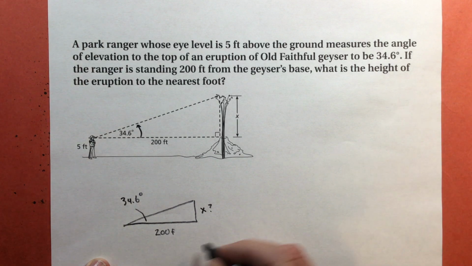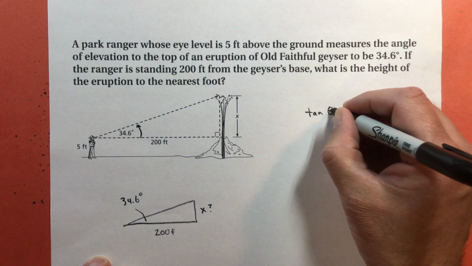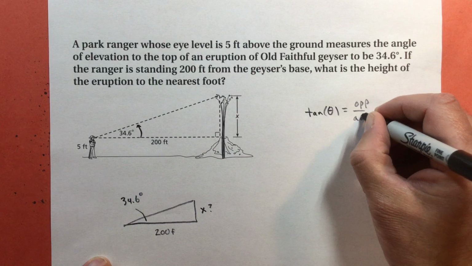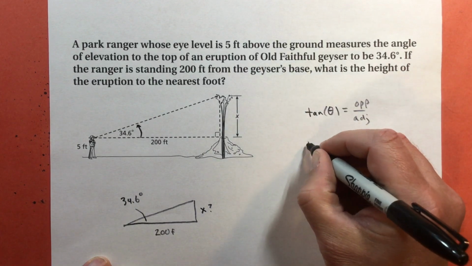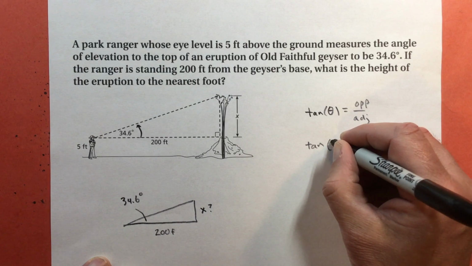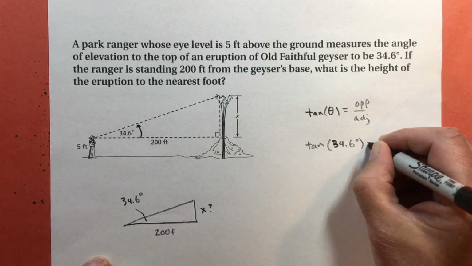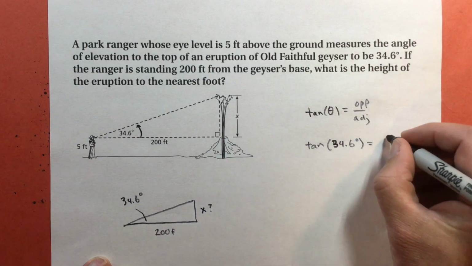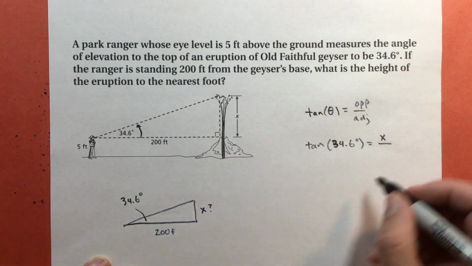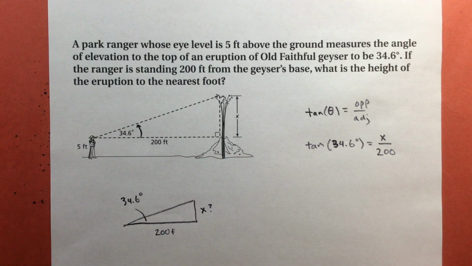So I have tangent. The tangent of any angle theta is going to be opposite over adjacent. In this situation, I've got tangent of my angle, 34.6 degrees, equals my opposite side, the side I'm trying to figure out, x, over my adjacent, which is the horizontal side, 200.